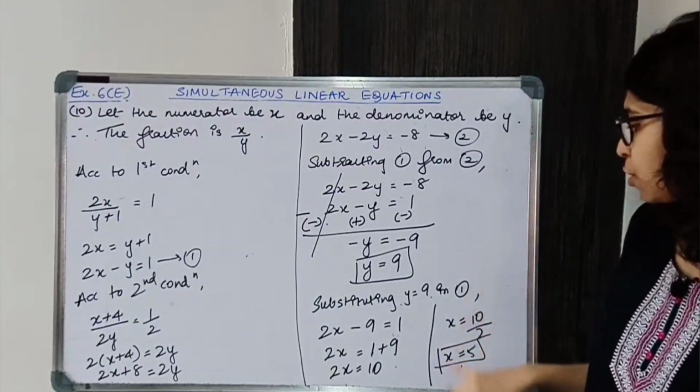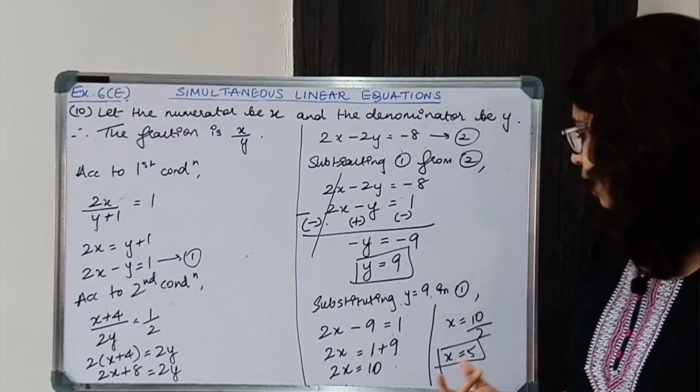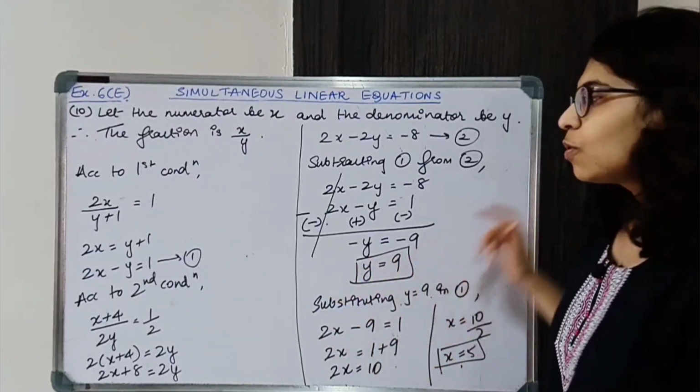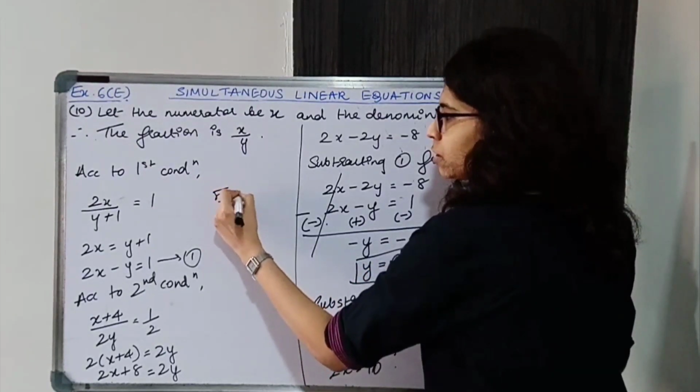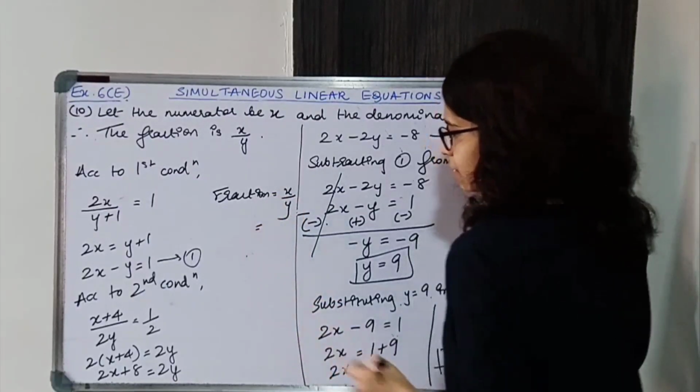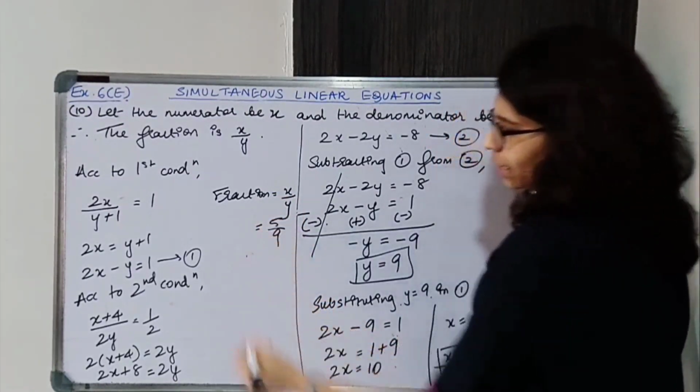We found the values of numerator and denominator. Numerator is x, that is 5, and denominator is y, that is 9. So I can say the fraction is x upon y, that is 5 upon 9.